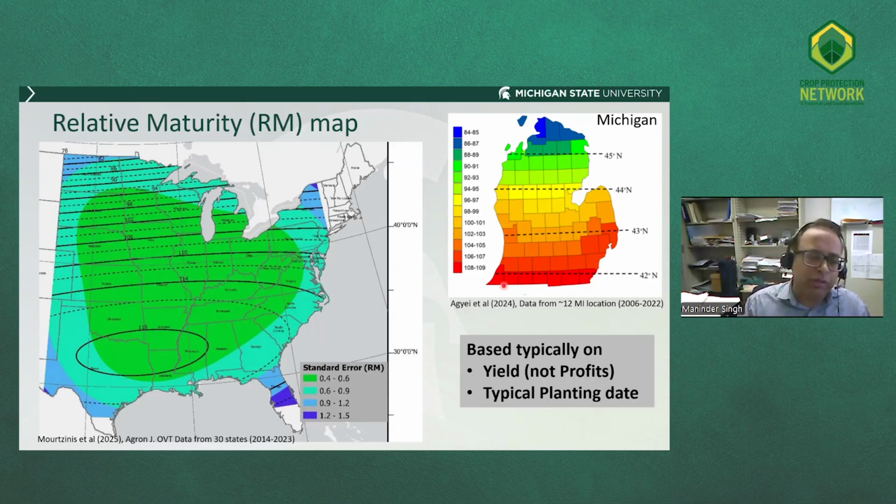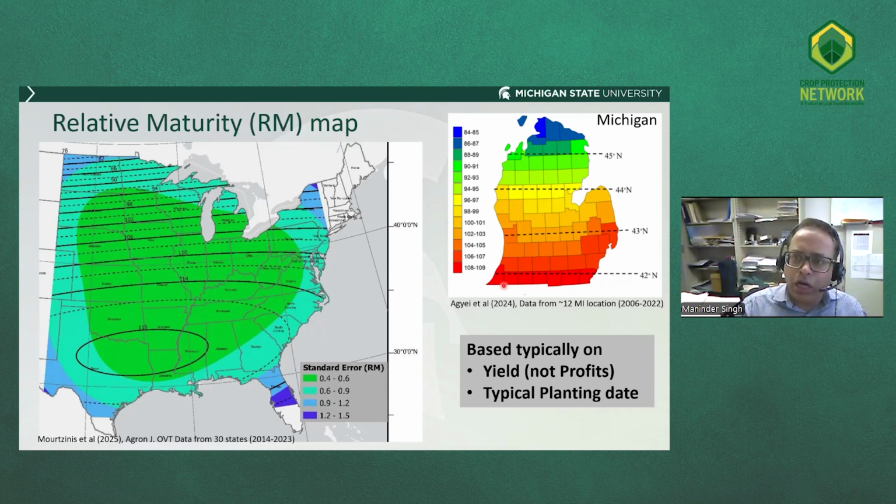Also, these maps are based on the relative maturities that maximize our yield, right? Not essentially profit. And that's not ideal in the economic market we are in currently, where the prices are, we need to be thinking about maximizing profits.